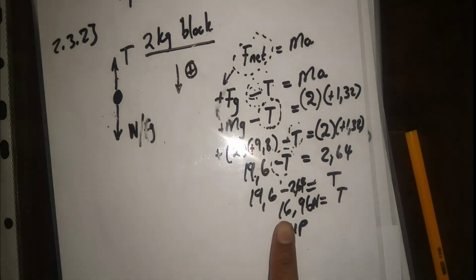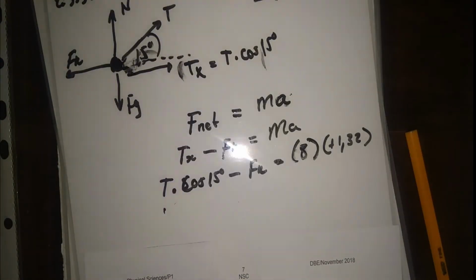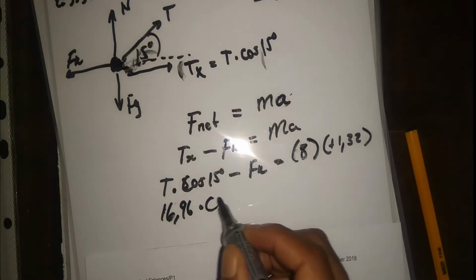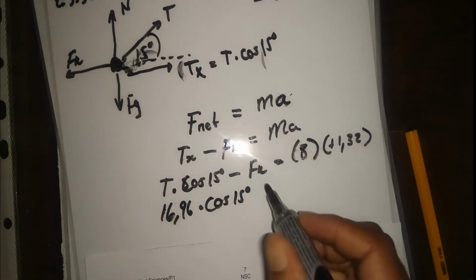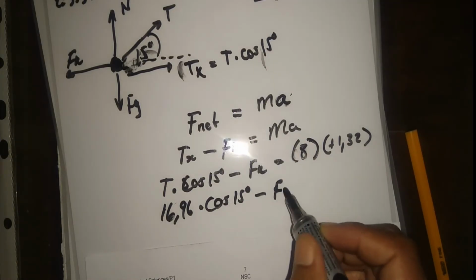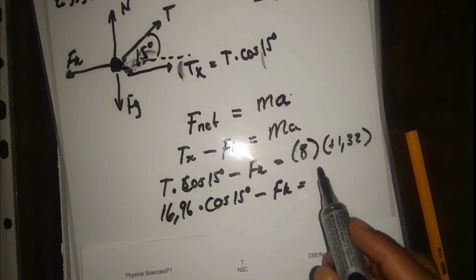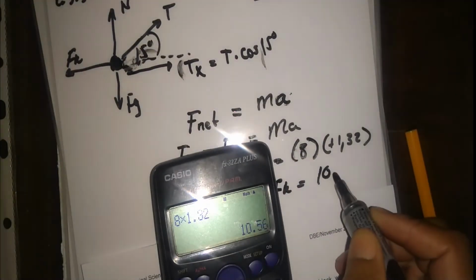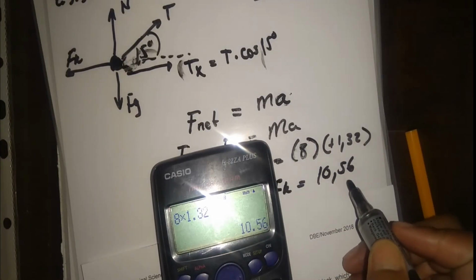It was calculated as 16,96. So substitute: 16,96 multiplied by cos 15 degrees minus Fk equal to, okay, let's calculate this one. 8 times 1,32, it's 10,56.